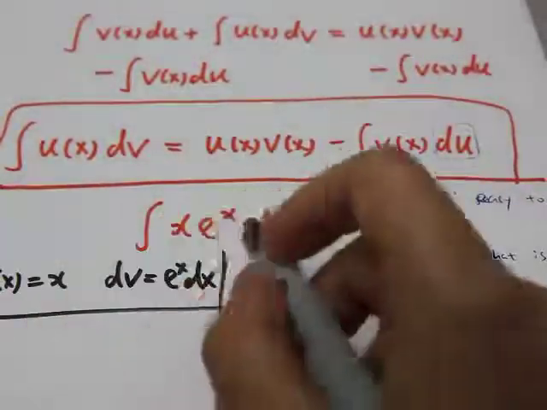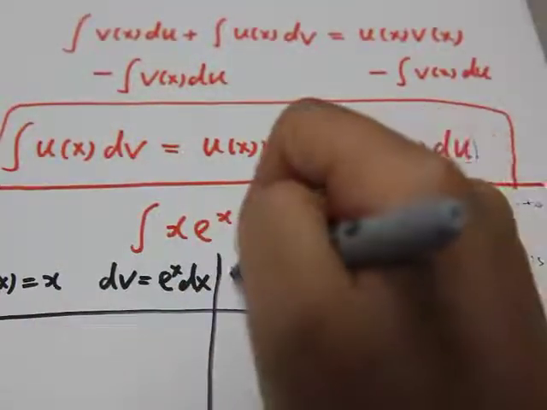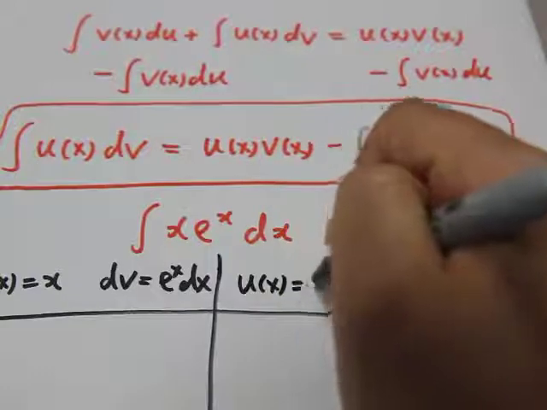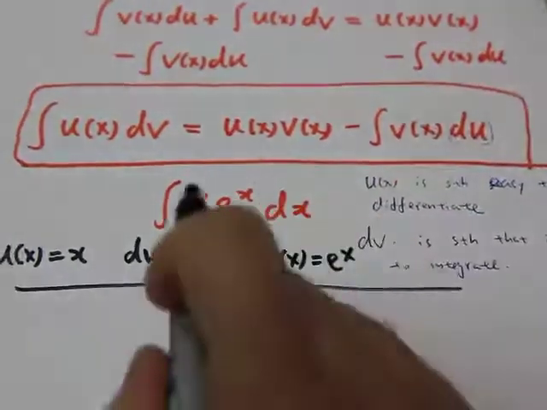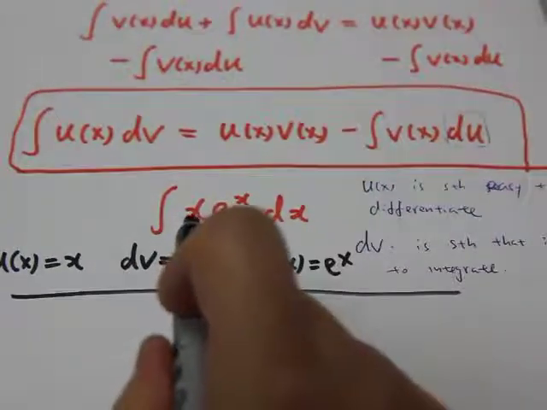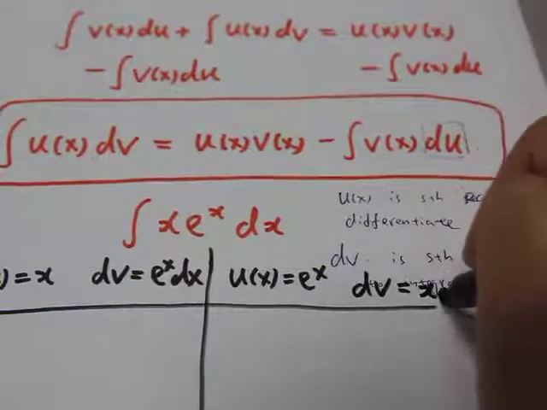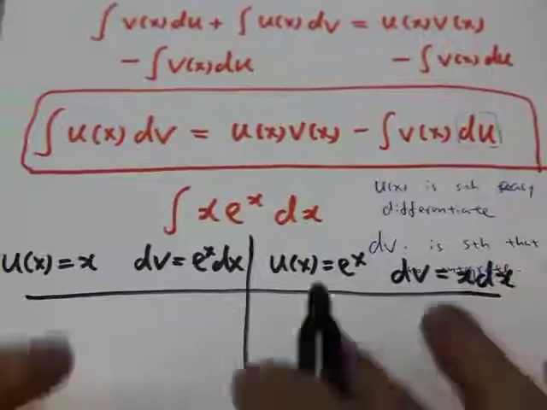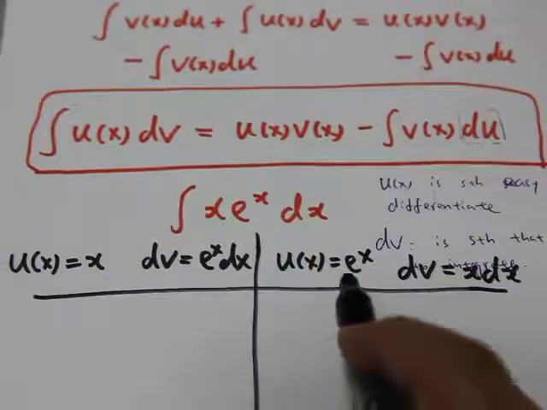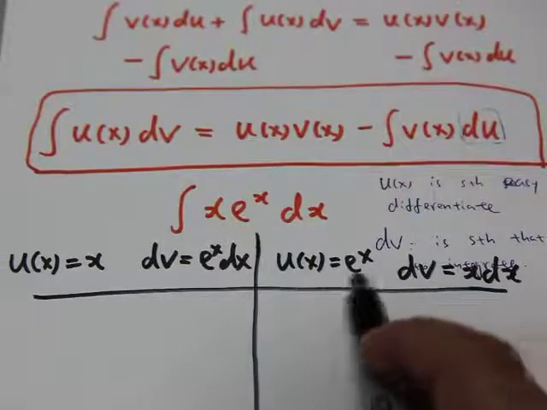Or if I let u(x) be e^x, that means the rest is going to be x times dx. So dv is going to be x times dx. Now let's compare these two ways to see which way will work.